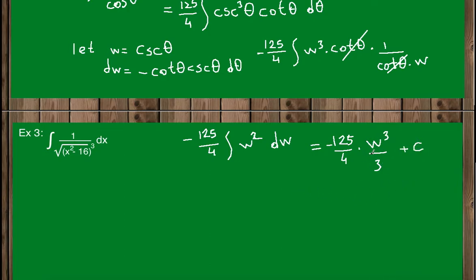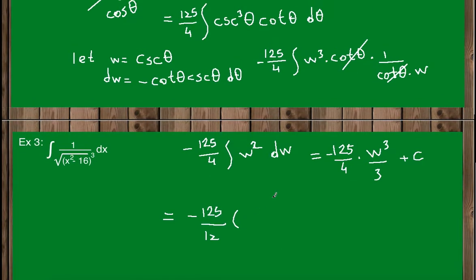So now we have to bring w back. So negative 125, we can multiply these two numbers, over 12. Instead of w, what was w? W was cosecant theta. So we're going to write here cosecant cube theta plus c.